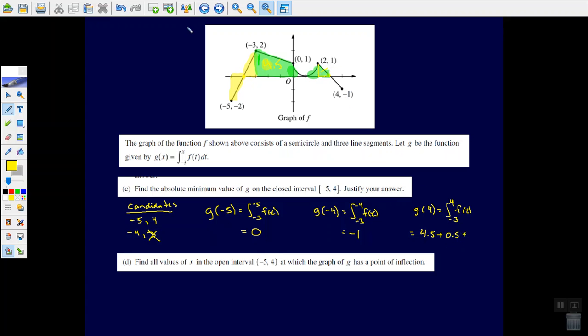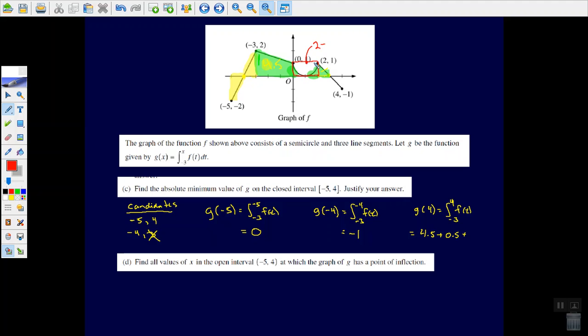Now the best way to take this part underneath the semicircle, I think the easiest way would be to think of it as a rectangle and then just subtract out the semicircle, right? So that rectangle is actually going to have an area of 2. And then this circle has a radius of 1, okay, because here's the center of that semicircle.